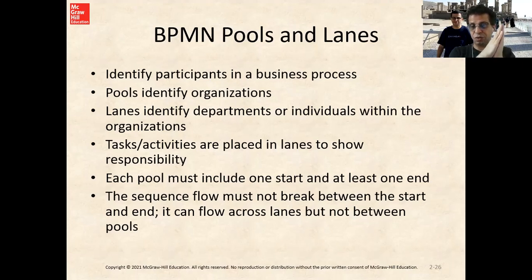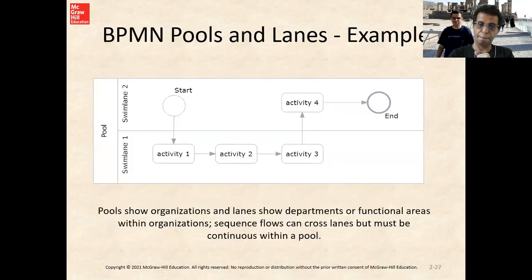It has to be clearly connected with each other, and it can flow across the lanes, but not between the pools. So the sequence cannot go like this and then go back. It can flow across lanes, but not between different pools.